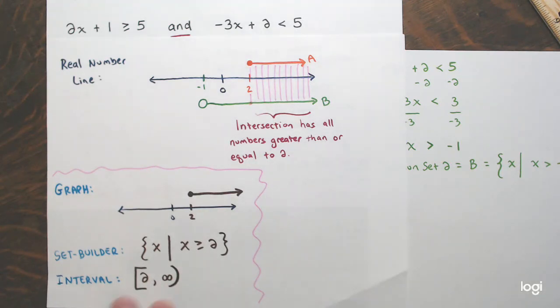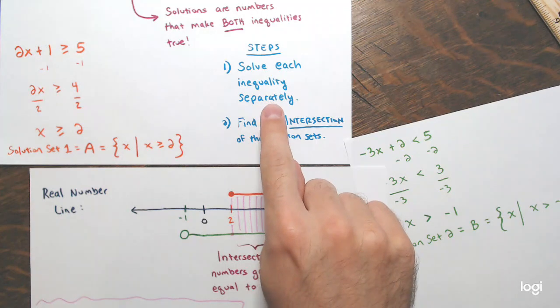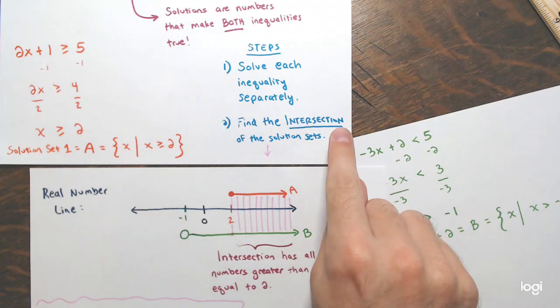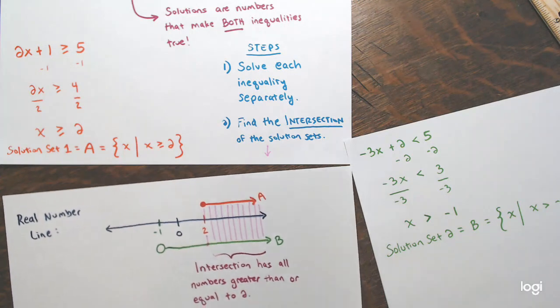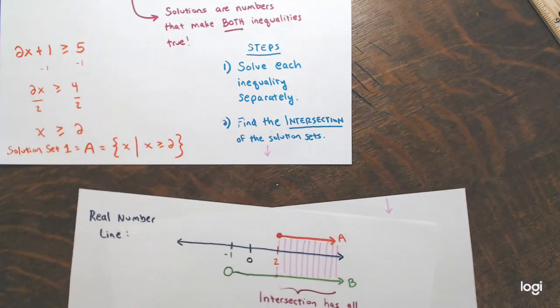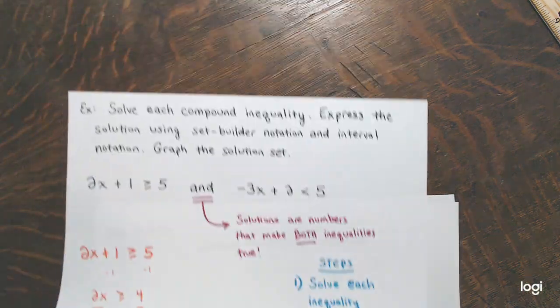All right, so the steps again are, we solve each inequality separately. Think of those solution sets to each inequality. And then find the intersection of those solution sets. Find the overlap. What numbers satisfy both or are in both solution sets. Okay, so that's all I'm going to be doing for the rest of this video.